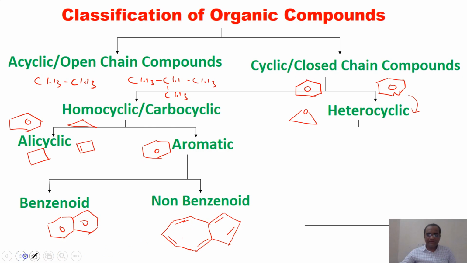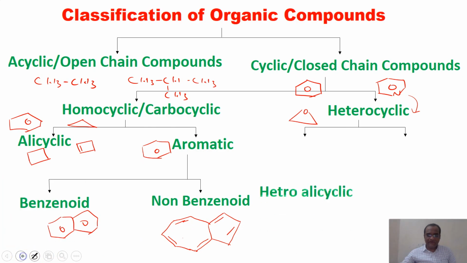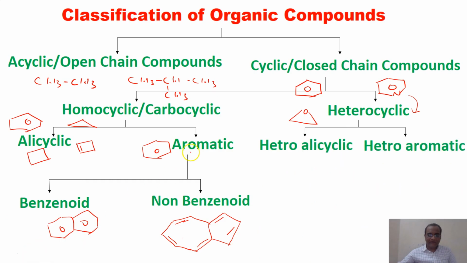Now further, heterocyclic. So heterocyclic has been classified again into two classes, that is heteroalicyclic and heteroaromatic. See, it is very similar to this class. Here it is alicyclic, here again it is alicyclic, but here it is heteroalicyclic. So oxirane kind of compounds come under a class that is heteroalicyclic. It means that they do not contain an aromatic ring, or they do not behave as an aromatic ring.